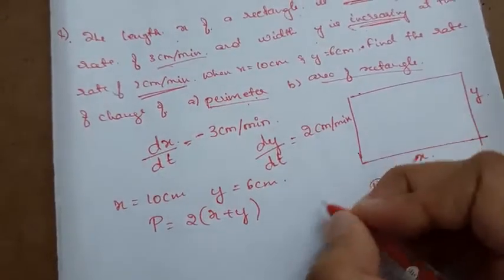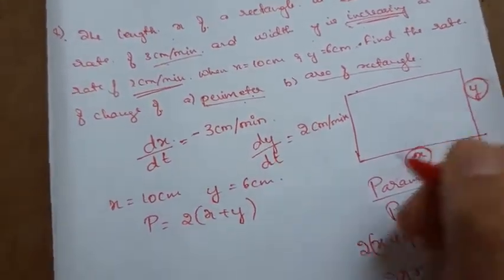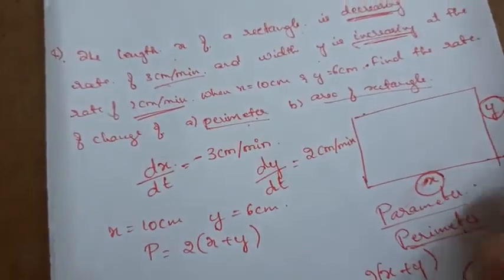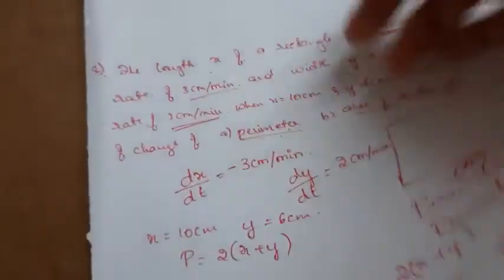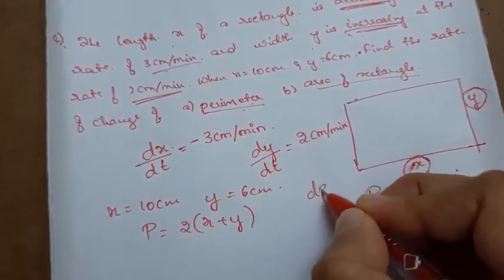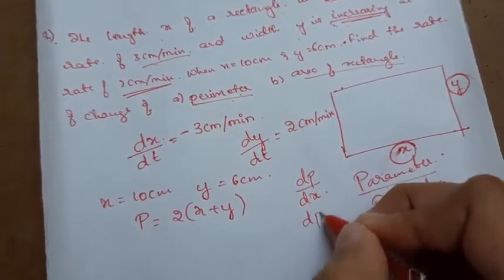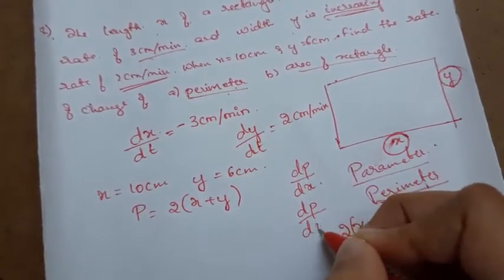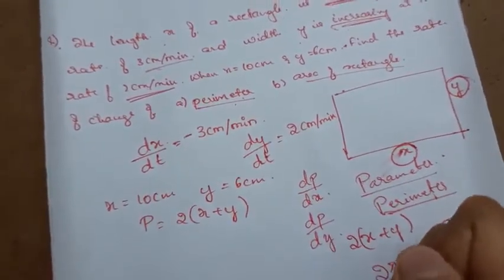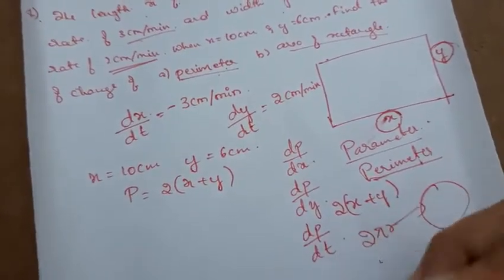Your question might be, here we are having two parameters, x and y, so with respect to which parameter do we need to find the rate of change of perimeter? Whether with respect to the parameter x, or with respect to the parameter y, or with respect to the time.